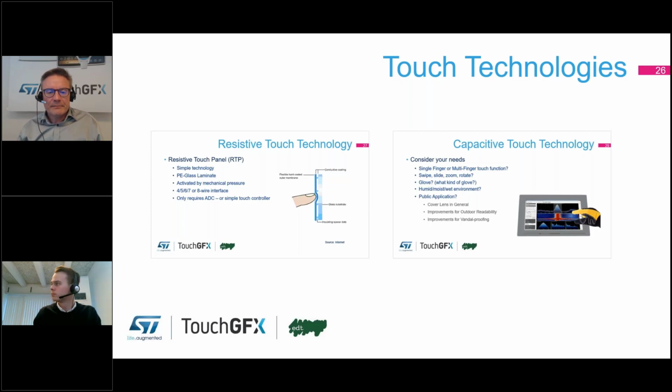But there is technology available in the markets where you can use gloves, even thick gloves or thinner medical gloves. So that is definitely feasible. We are at that stage now. It used to be a bit of a problem, but today we have solved that.